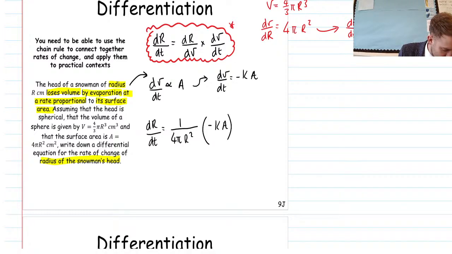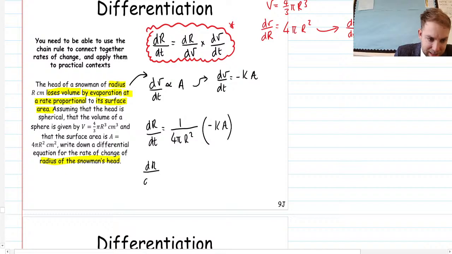A is equal to the surface area, which is 4 pi r squared. So we end up with dr by dt is equal to 1 over 4 pi r squared times by minus K times by A, which is also 4 pi r squared.